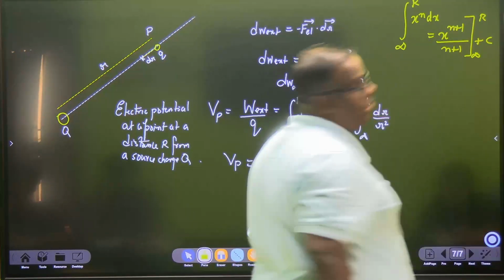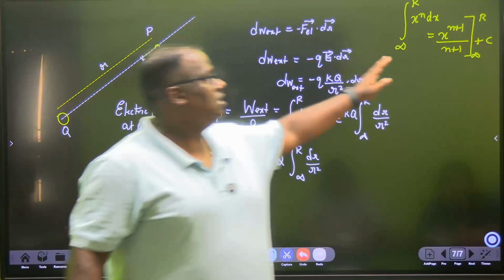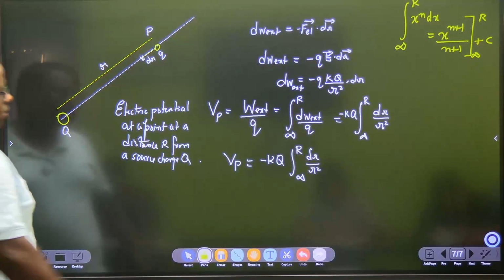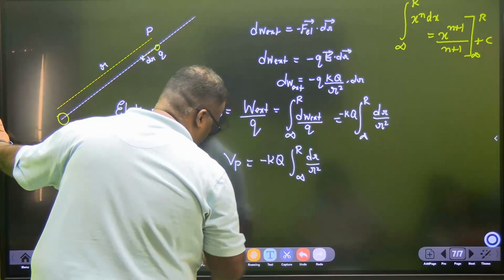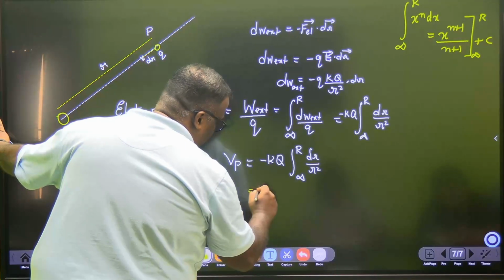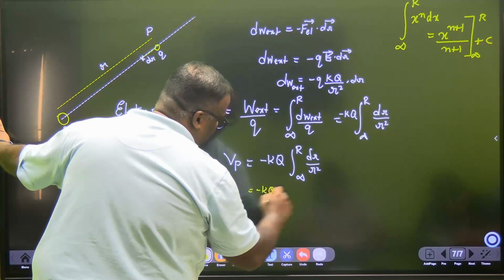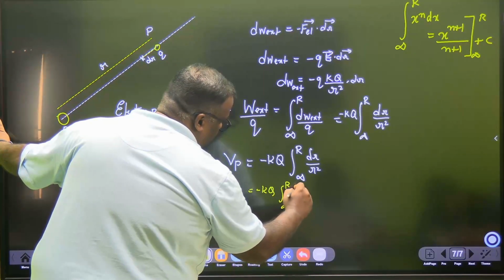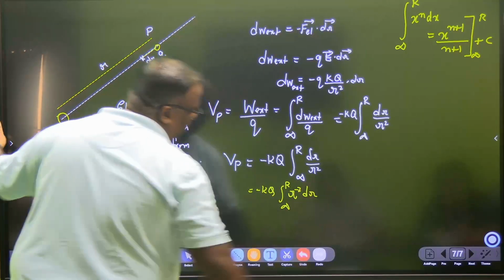I'm doing the integration portion in yellow so that it becomes clear for you. It is integrating from infinity to r, r to the power minus 2 dr.